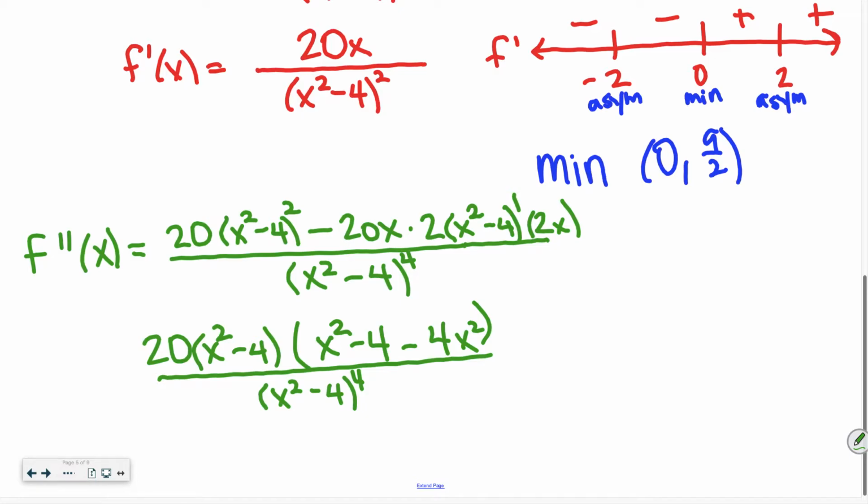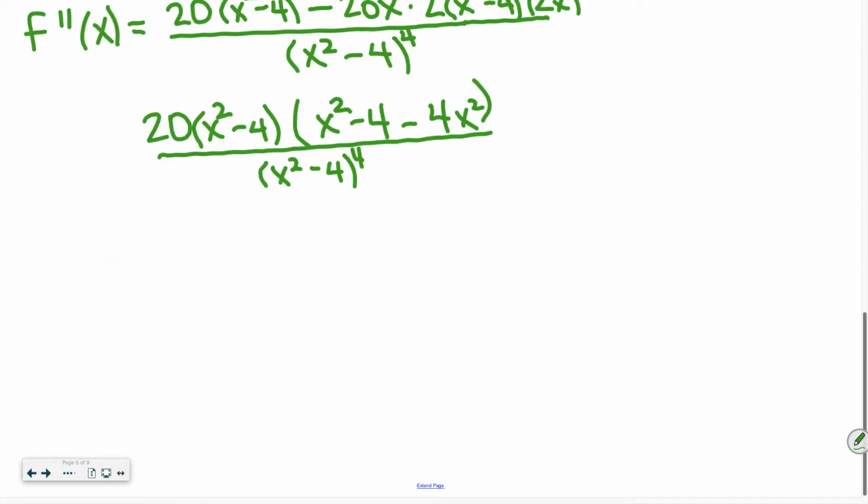So we took the 20 x squared minus 4 out. Here, we had 1 left over. Here, we took the 20 out. We took the x squared minus 4 out, so we had x, 2, and 2x.